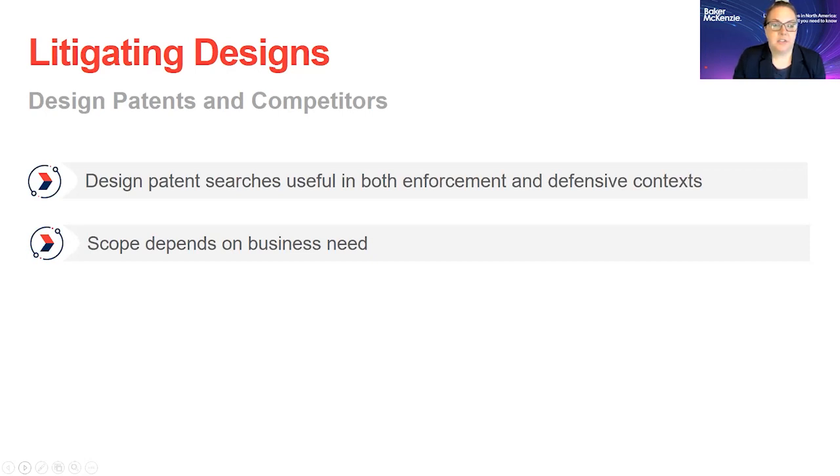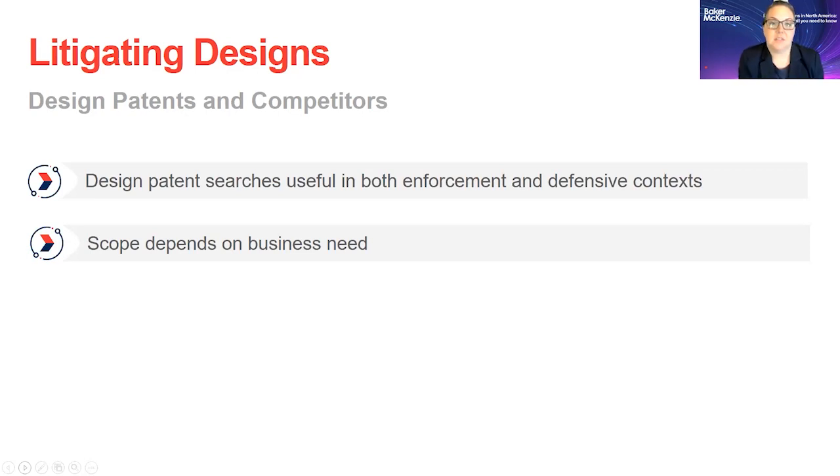So whether you're seeking to enforce your design rights or to avoid design patent infringement, design patent searches are a quite useful tool in keeping competitors' actions on the radar. For example, in the defensive context, searching for competitors' design patents is useful, as it is in the traditional patent space, because it allows your company to be more aware of your competitors' issued patents and helps your company understand what your competitors are doing.